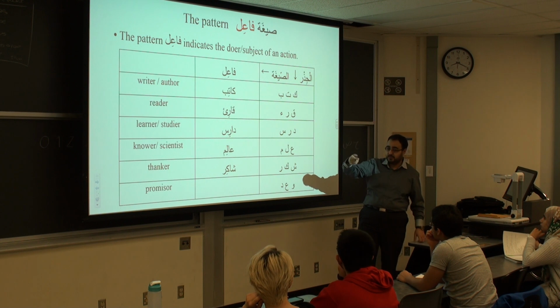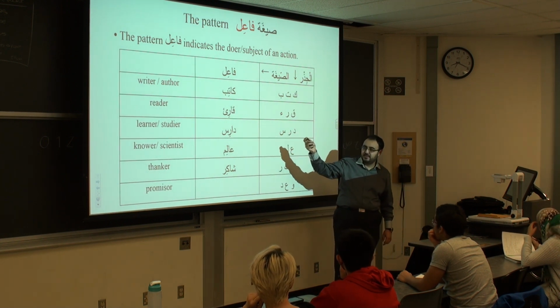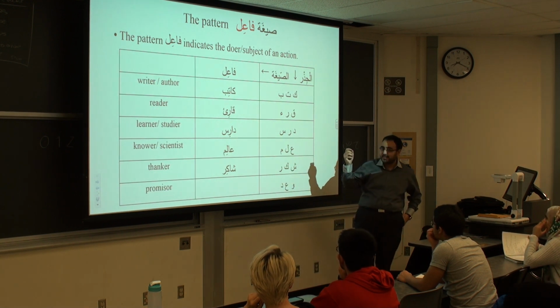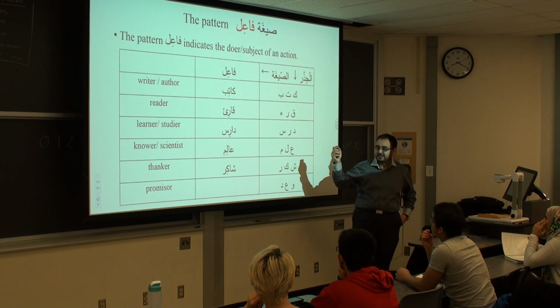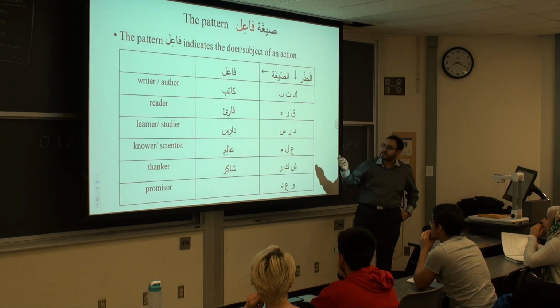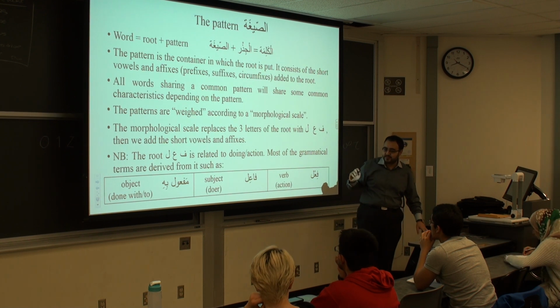Exactly. But what's the first step, Katie? You mentioned very accurately the second step, but there is a first step. I know that you got it. It's by replacing the fa, ayn, lam with the three letters of the root.